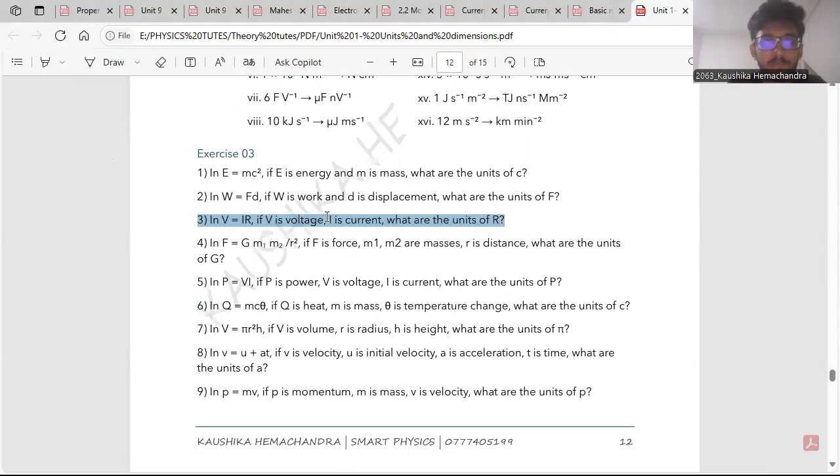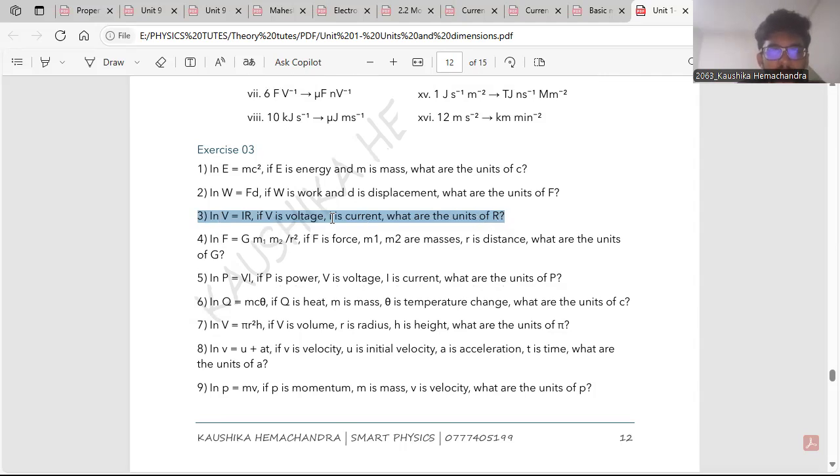Right? Because they are separate units now, there's no point in trying to get units for R. Resistance, in all levels we have learned it's ohm, no? When you take units of R in terms of voltage and current, it's a lot of different units which you won't meet yet. So there's no point in really doing this at this level, right?